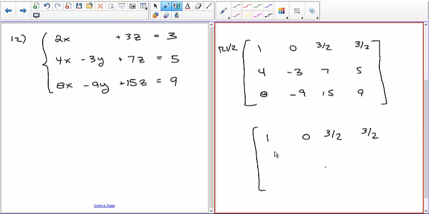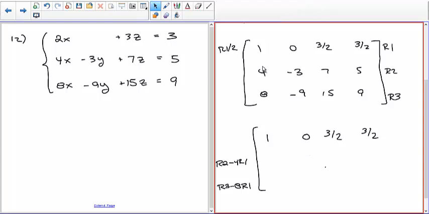This is row 2, this is my new row 1, this is my new row 3. We're going to take row 2 and subtract 4 times row 1, and here we'll take row 3 and subtract 8 times row 1.